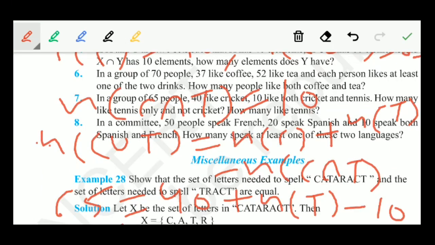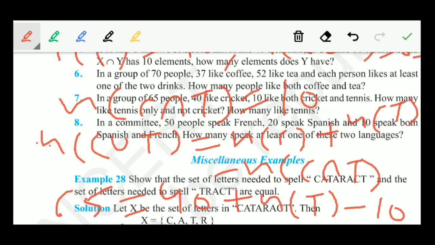Now I am going to go over what we have discussed in this chapter once again. In the beginning we did the introduction, then sets and their representation, and after that different types of sets: first empty set, finite and infinite sets, equal sets, subsets, power set, universal sets.